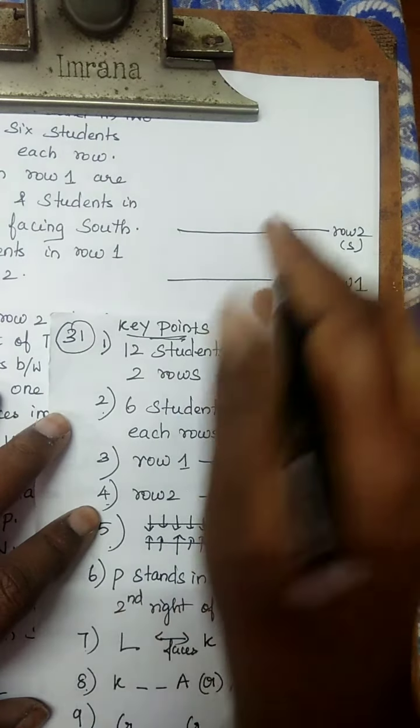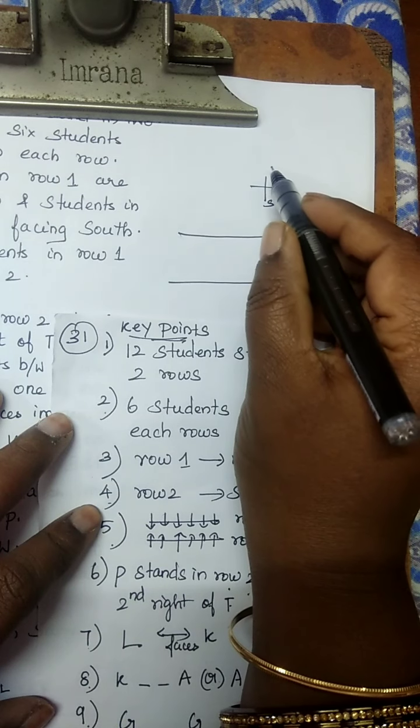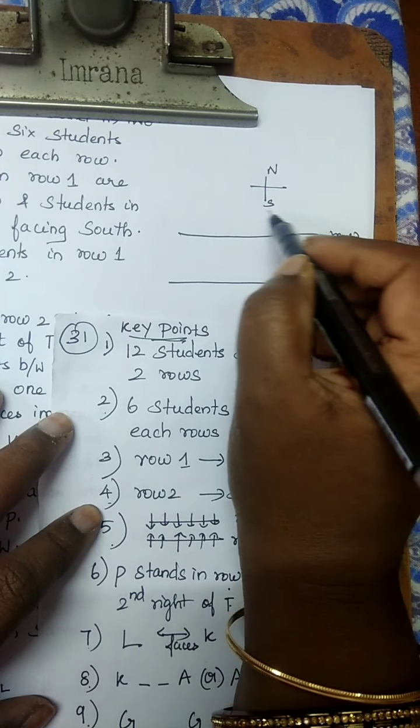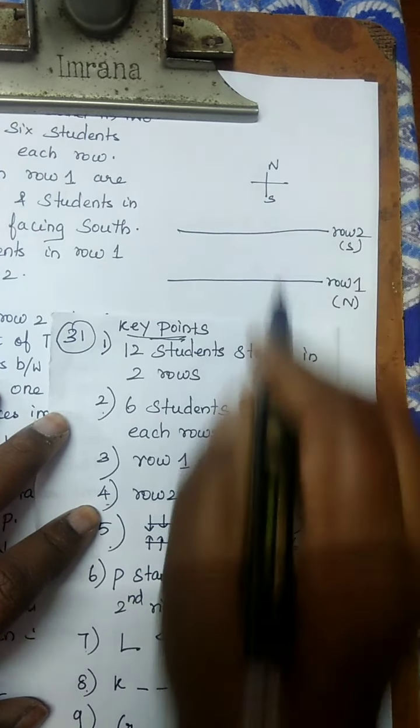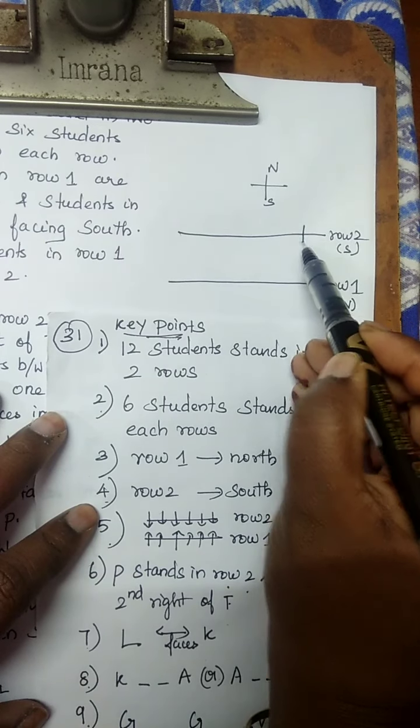Am I right? So what's the direction? This is south and this is north. North persons are facing south and south persons are facing north. Facing means like this.